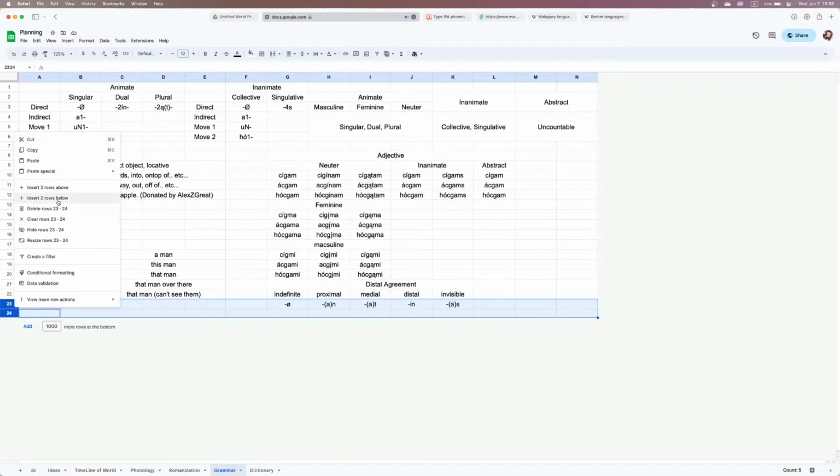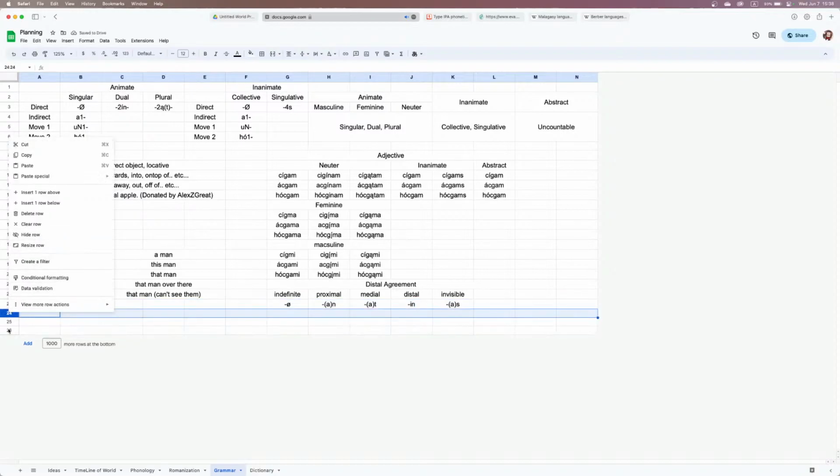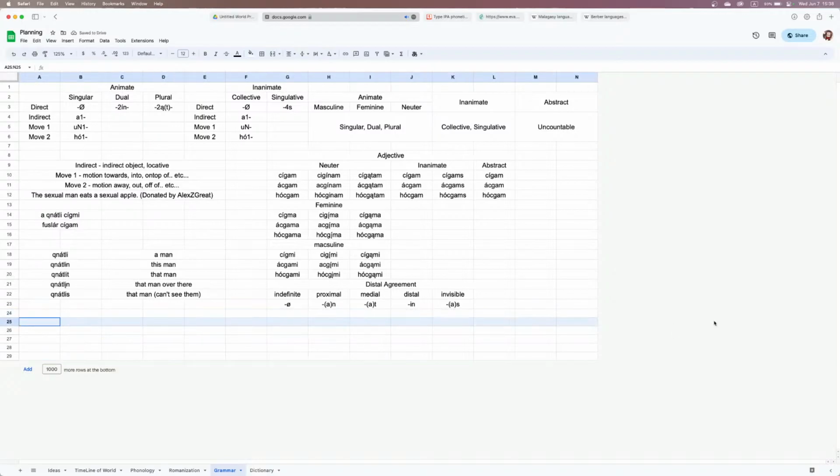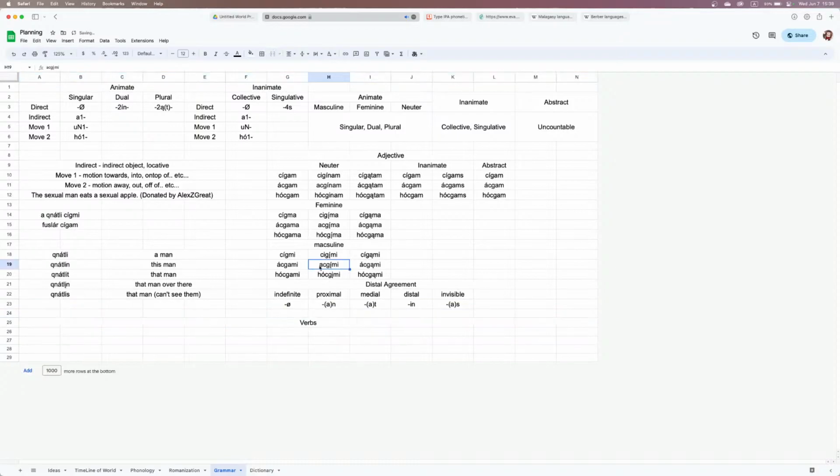Ooh, I actually thought of a way to do that. That's going to be a good way to do that. So let me just make some of these. And then let's make a hard distinction between our nominals and our verbials. And then make a little idea note. So we have agent before the object and object before the agent marking.